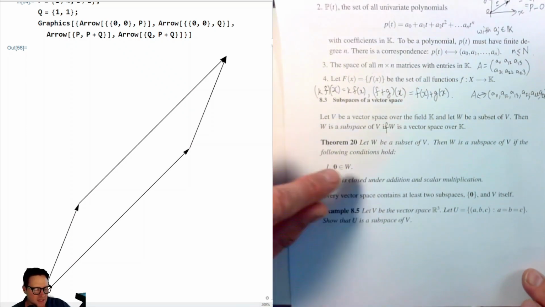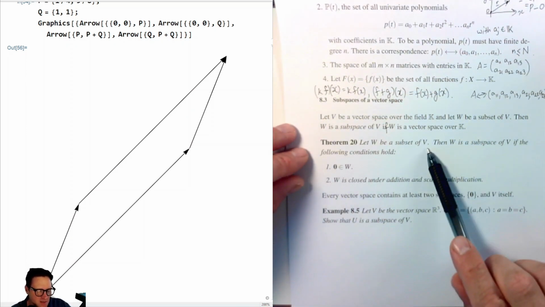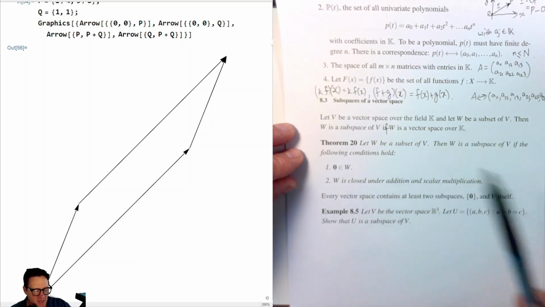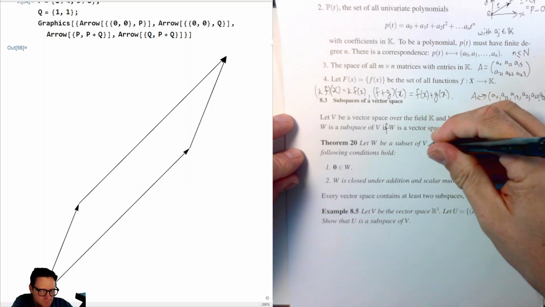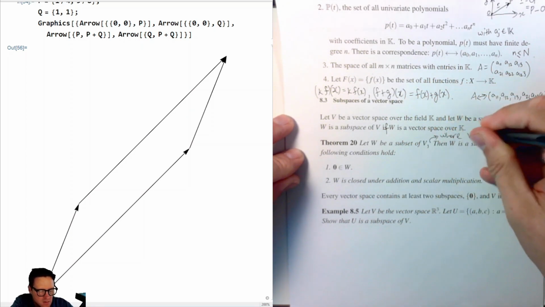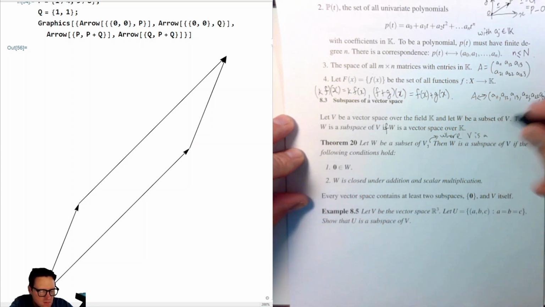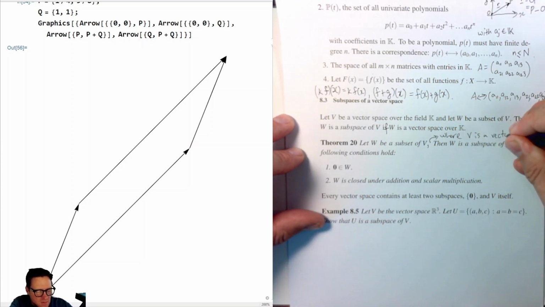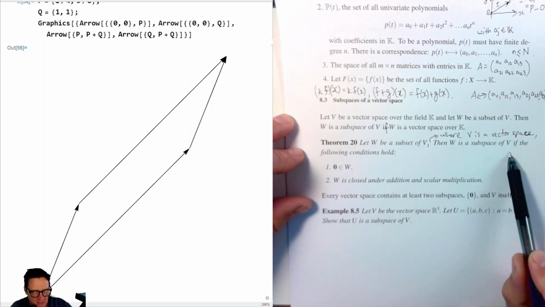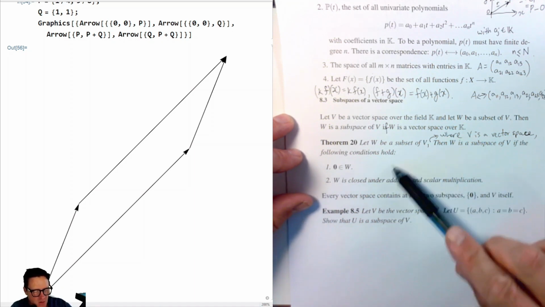Theorem 20: let W be a subset of V, where V is a vector space. Then W is a subspace of V if the following conditions hold.